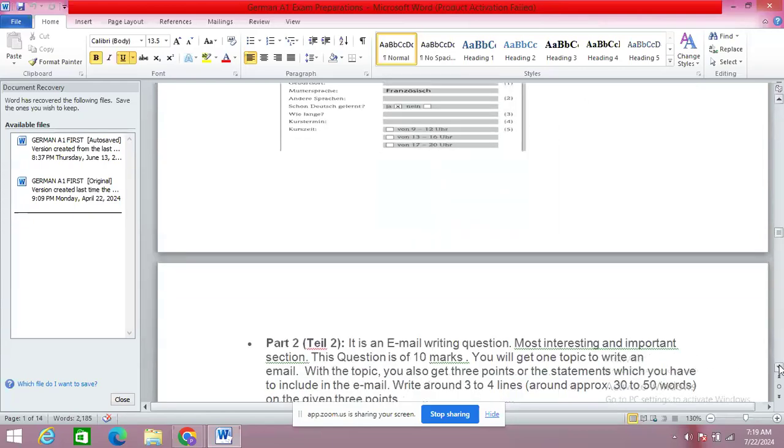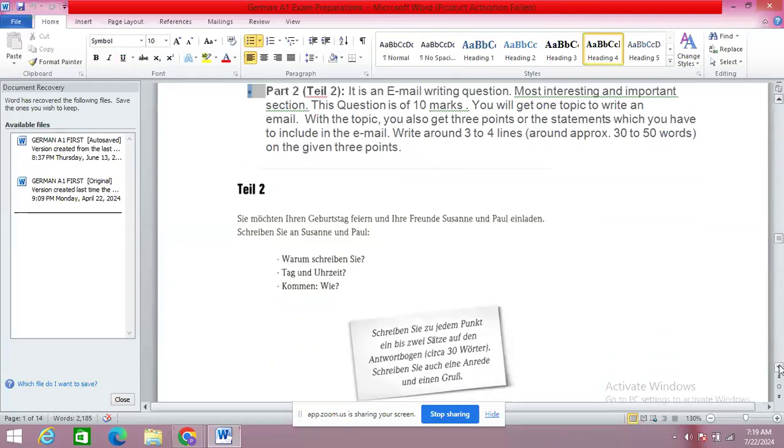Then in Teil 2, question number 2, which is an email writing question, it is the most interesting and important question. It consists of 10 marks. You're going to get one question here, where you need to write down an email, and there will be 3 sub parts given to us. Whenever you are writing the email, you have to add statements for these 3 questions also.